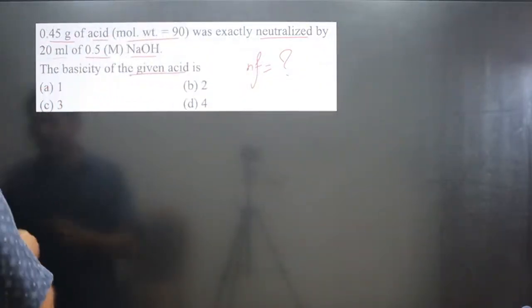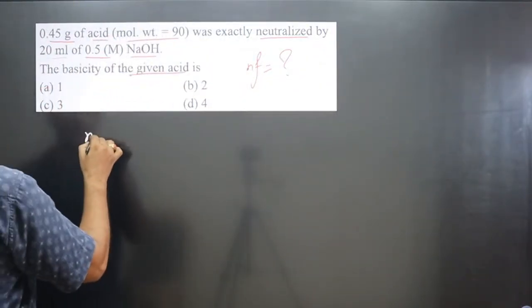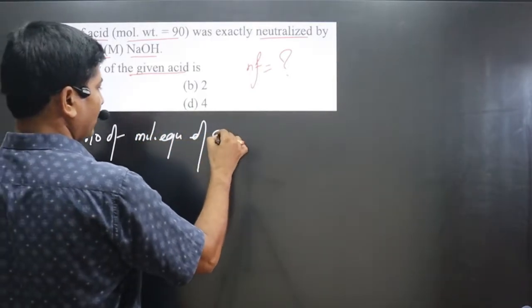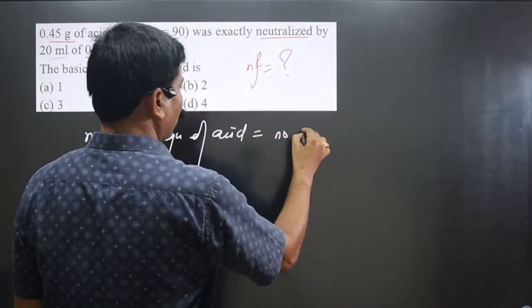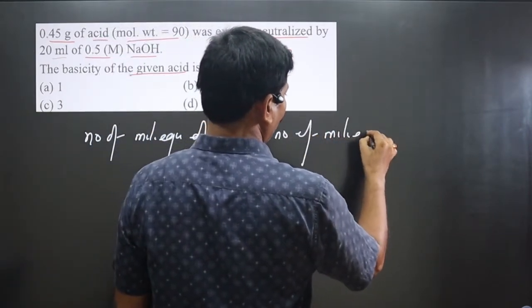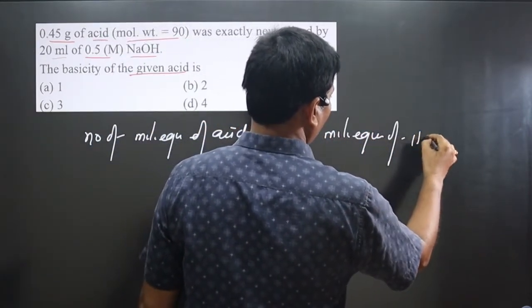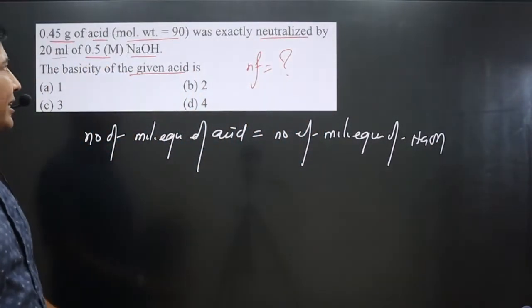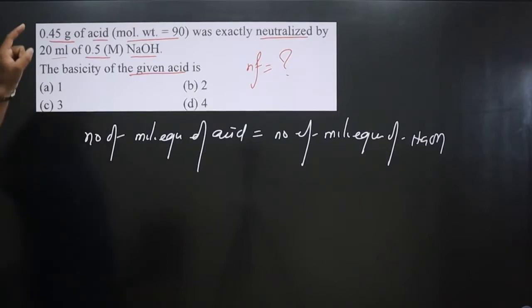Okay, so the concept we are going to use to answer this question: the number of milliequivalents of acid is equal to the number of milliequivalents of sodium hydroxide, and the formula we use is based on the data provided. Okay, mass is given there.